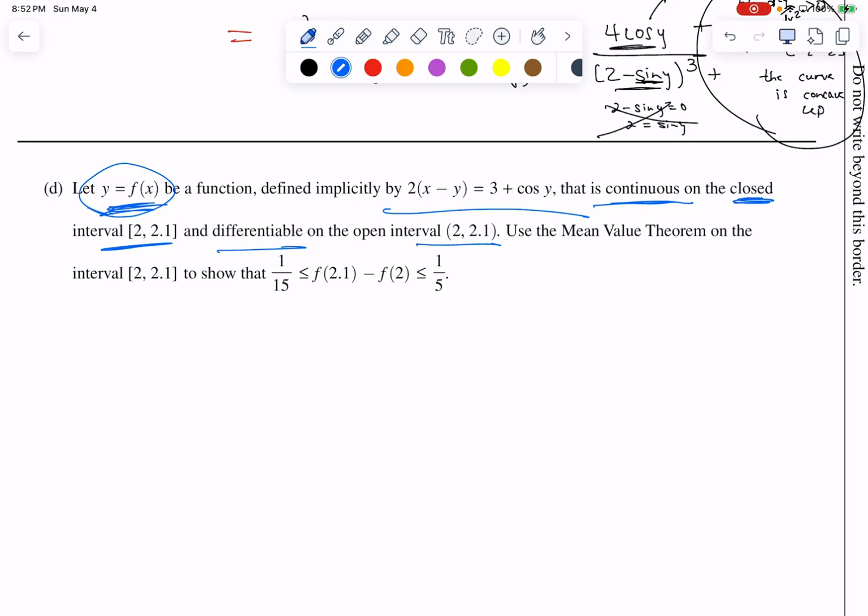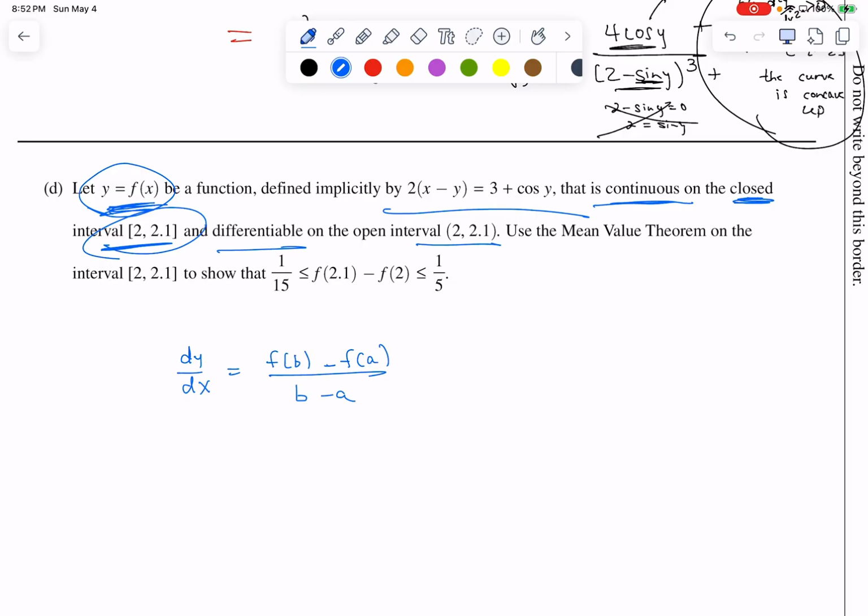What does MVT guarantee? IROC equal to what? So all I got to do is say dy dx has to equal f of b minus f of a over b minus a. Okay, that's what it guarantees. Agreed? All right, so let's look at it. They gave us a closed interval, 2 to 2.1.